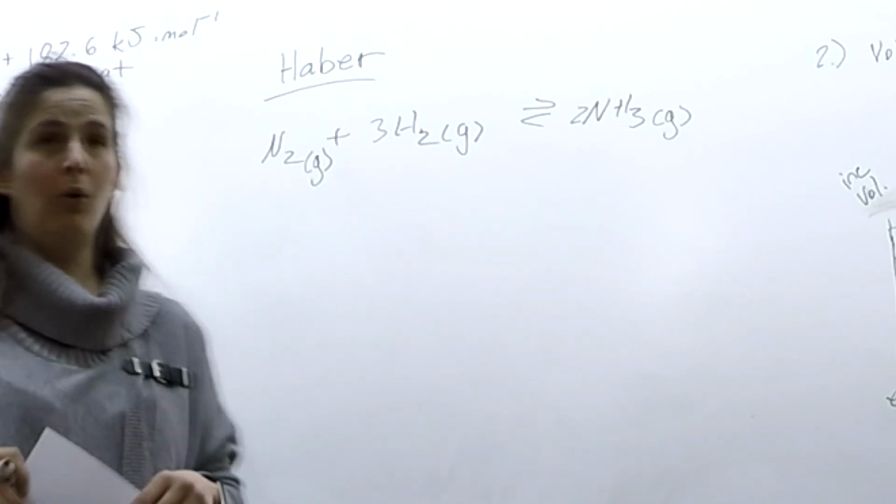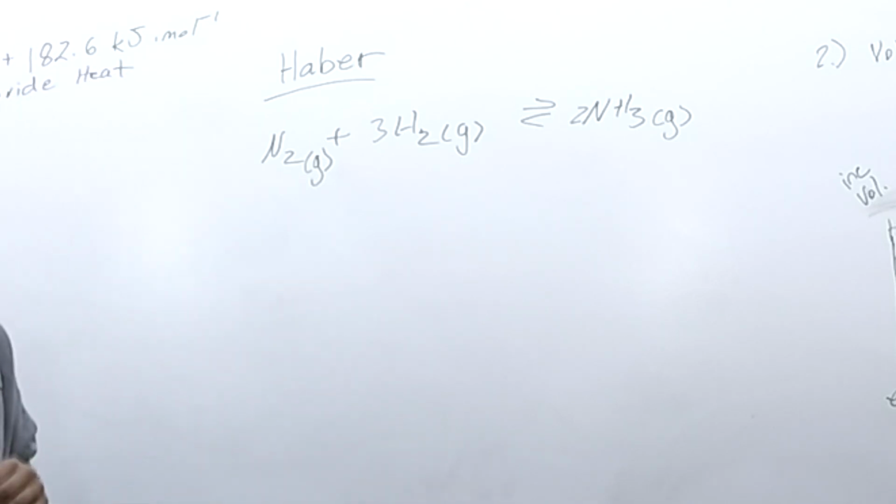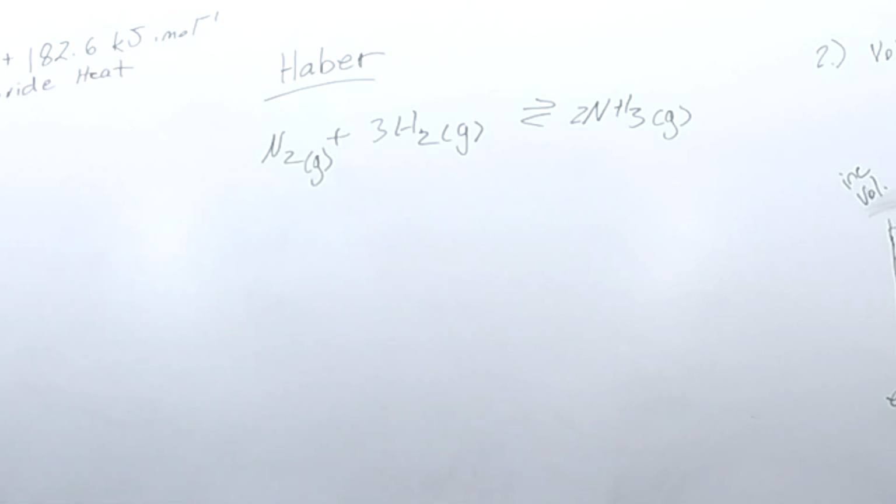Right, so looking at this reaction here, would you increase the pressure to get your product, or would you decrease the pressure, or would you just run it at room temperature if you want a higher yield? Decrease. Right?